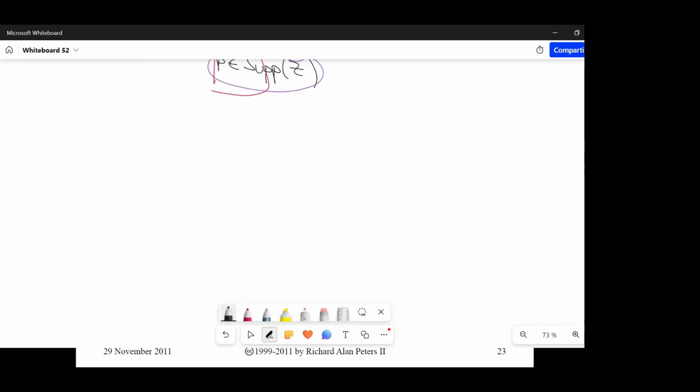The complement of the erosion is the dilation of the complement. I will write something and then take the complement of this.